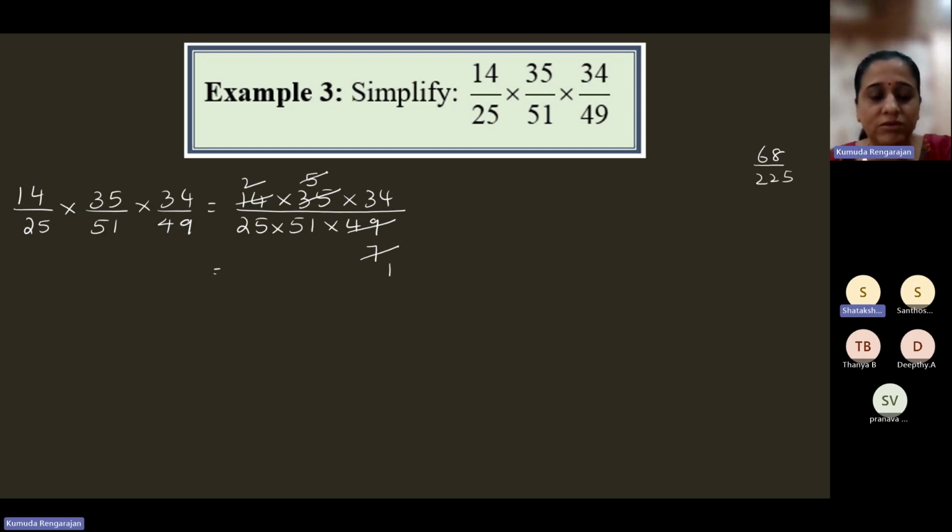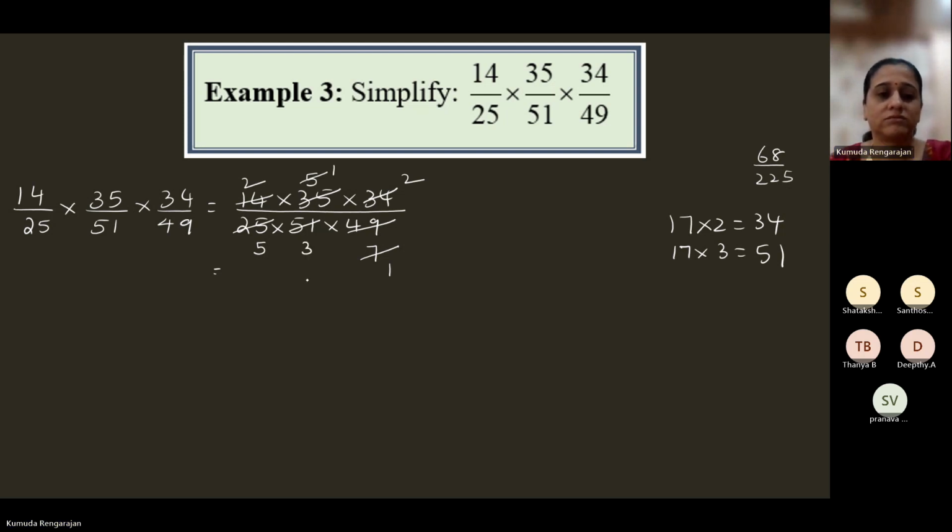Now 5 from the numerator, 25 from the denominator: 5 ones are 5, 5 fives are 25. Again, 34 from the numerator, 51 from the denominator: in the tables of 17, 17 twos are 34 and 17 threes are 51.